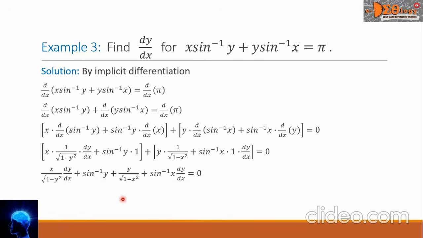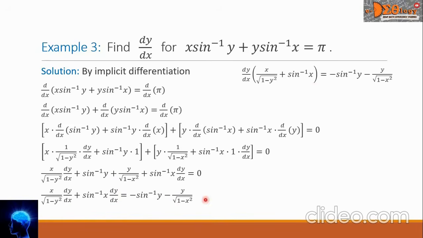So we are going to transpose this to the right. Of course, the sign must be changed. So this line now we can rewrite like this. Now, the dy over dx is common for the terms of the left side. We're going to factor out the dy over dx. So we have next step to be like this.